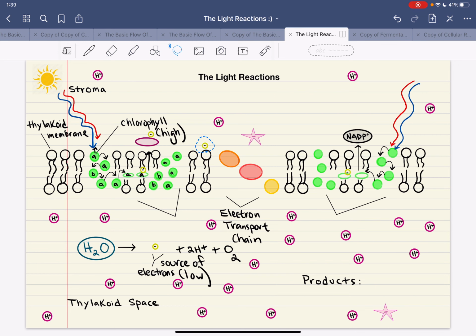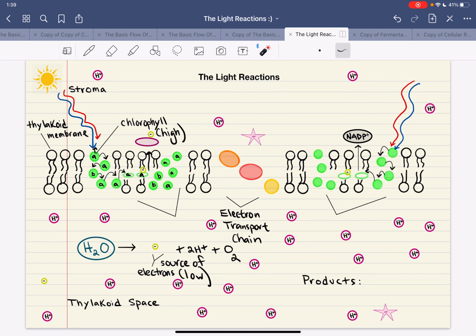We're allowing this electron that has high energy to release its energy as it gets passed down the chain, allowing us to pump protons. And then remember, ATP synthase is that special protein that uses a proton concentration gradient to build ATP. So all that happens using the power of that excited electron that was excited by sunlight. Now, that electron ends up, as I drew, over here.